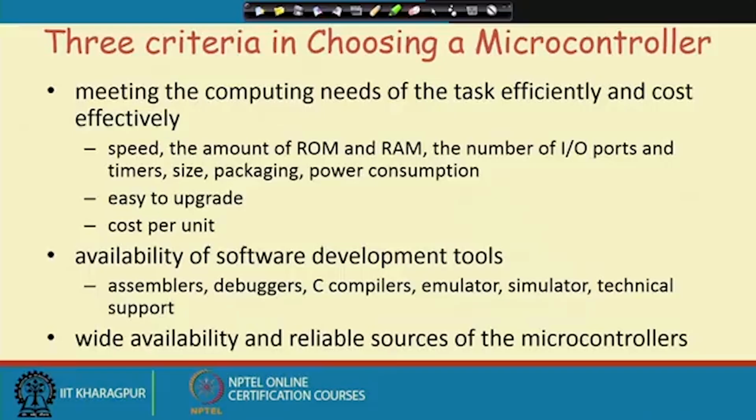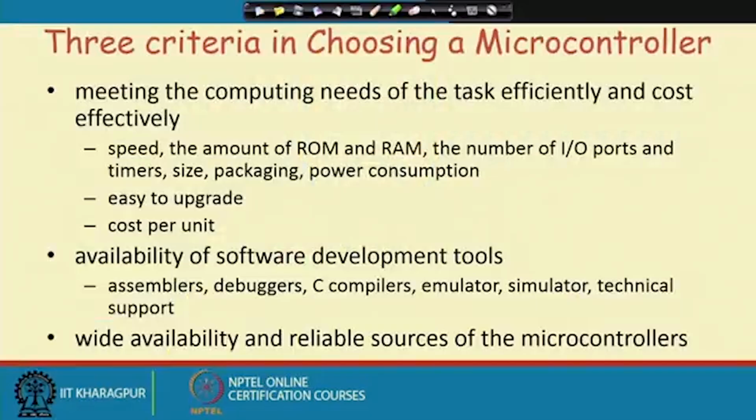So, assemblers, debuggers, compilers, emulators, simulators, technical support, all these should be available for the microcontroller that we take. It should be widely available, with reliable sources for the microcontroller, easily available in large amounts. So, these are the criteria that will guide us in choosing the microcontroller.